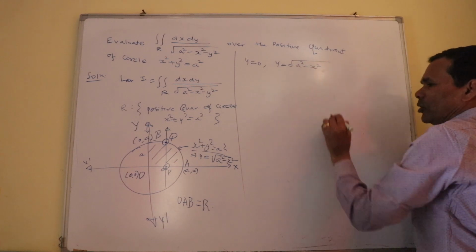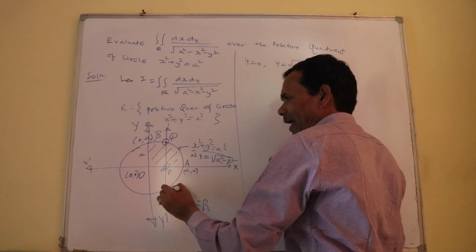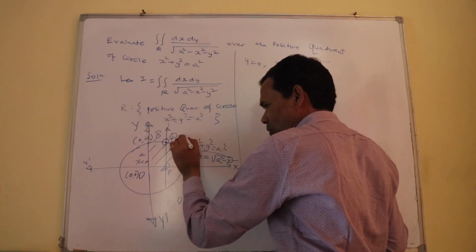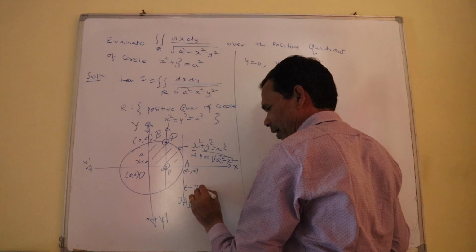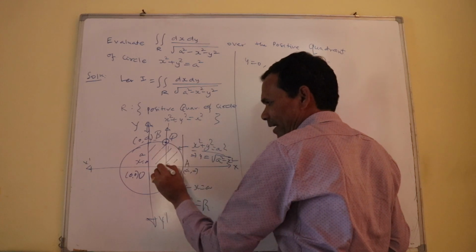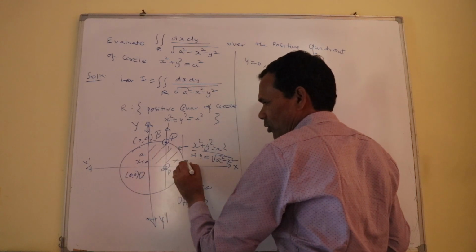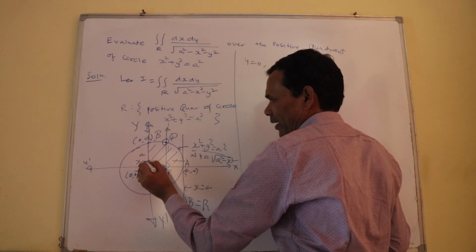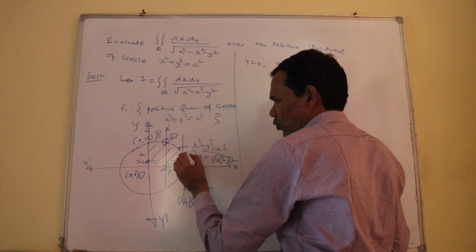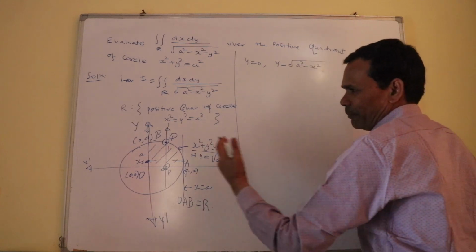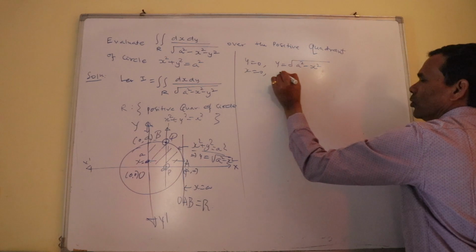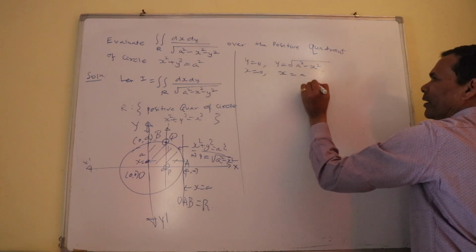And you have to move the line from x is equal to 0 to x is equal to a. So you have to move this line from this position to this position, horizontally, from x is equal to 0 to x is equal to a.